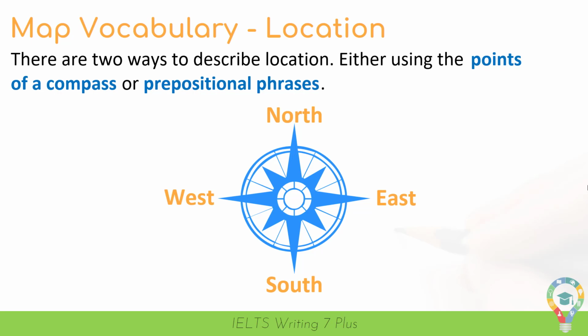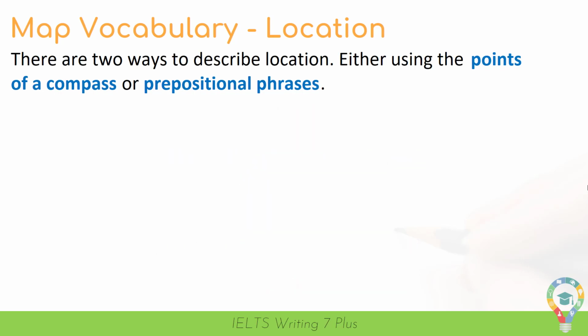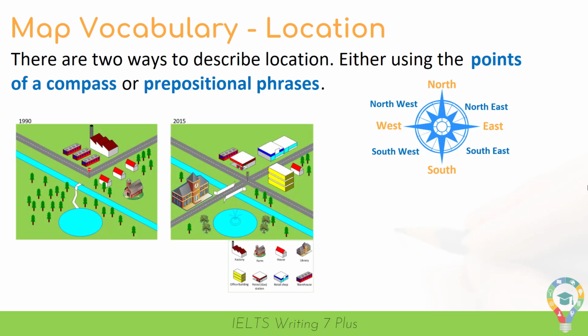But we also need to consider northeast, southeast, southwest, and northwest. So they're the 8 key pieces of vocabulary when describing location from a compass. Let's take a look at using this language against a map.